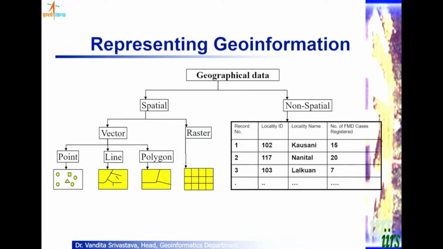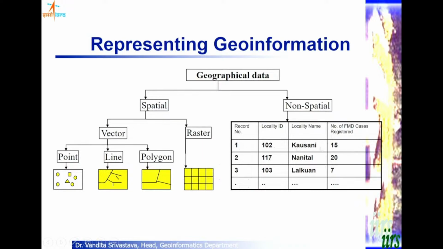Now once we know the sources from where the geographic information is coming, we need to understand how we represent it. As we said, there are two types of information, spatial and non-spatial. Accordingly, we have two types of representations. For the non-spatial data, it is a little simpler, we just need to put the records and the columns.